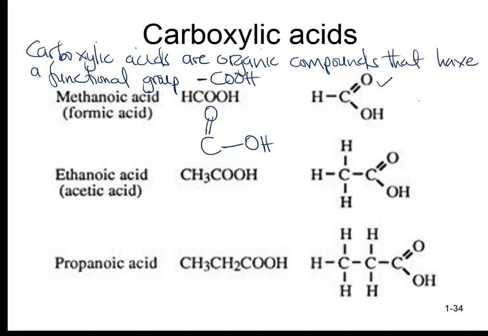A carboxylic acid is an acid because it can lose this hydrogen here. This hydrogen can be removed from the oxygen, and because it can lose the hydrogen, it is called an acid.